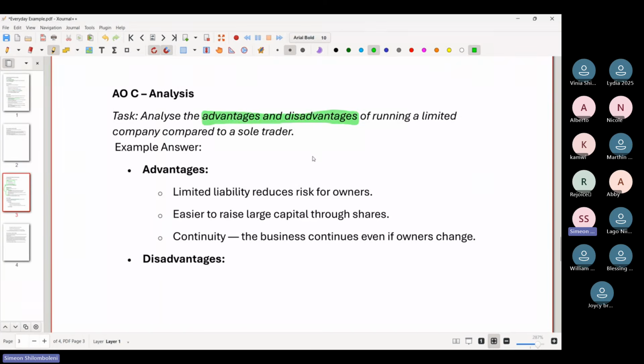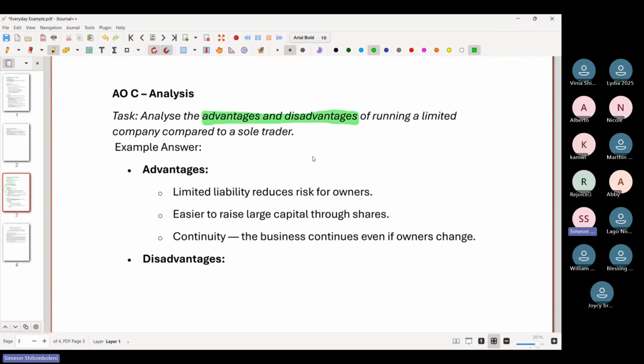And then they'll ask a question that says, analyze whether they should change their business ownership from a sole trader to a partnership.